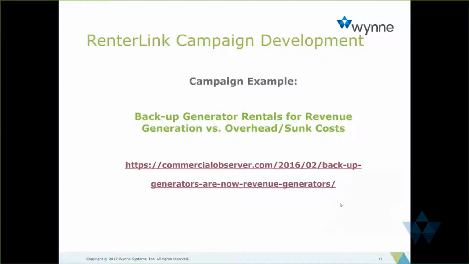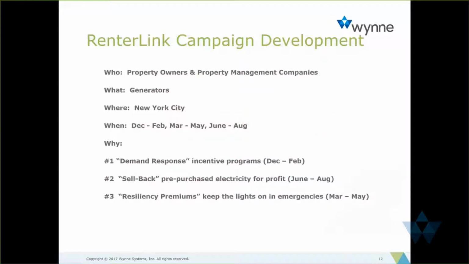With this in mind, if you go through the article, you can clearly define who you want to target within this campaign. In this instance, the article is all about property owners and property management companies. If we take a look at number 1 down here, there's this idea of demand response, where, for instance, if you are using a high level of power during a peak time, the power company will charge you more.